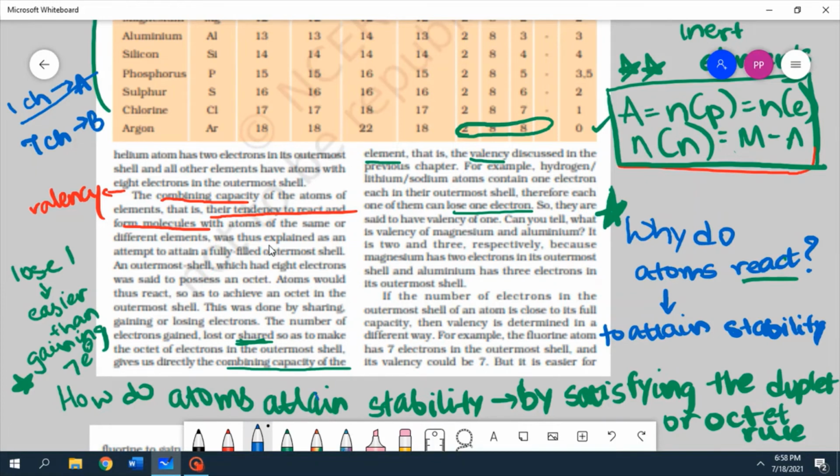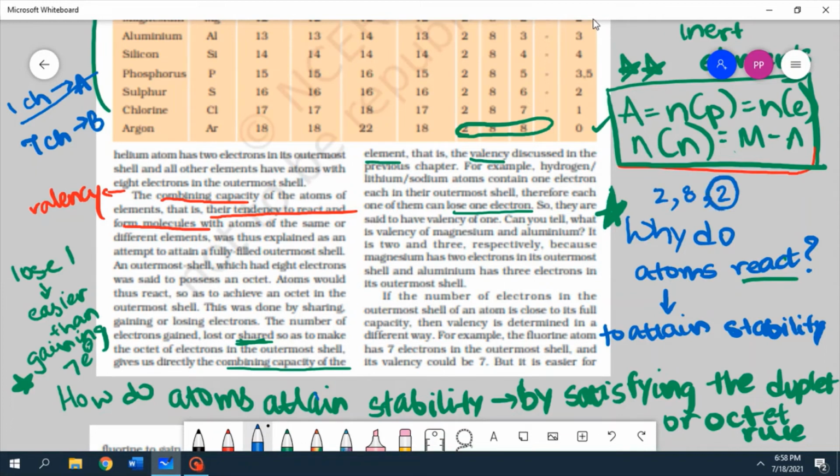It's easier to lose 1 electron rather than gaining 7 electrons, which is why hydrogen, lithium, and sodium lose 1 electron to satisfy their octet or duplet rules. Alright, so what is the valency of magnesium and aluminium? Magnesium has the configuration 2, 8, 2, so it has 2 electrons in the outermost shell.